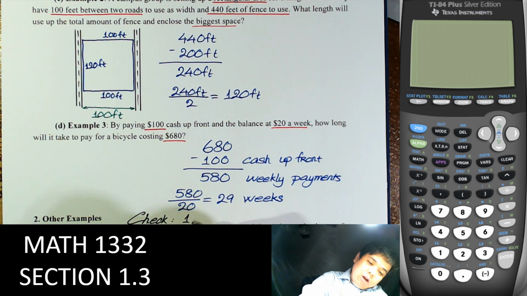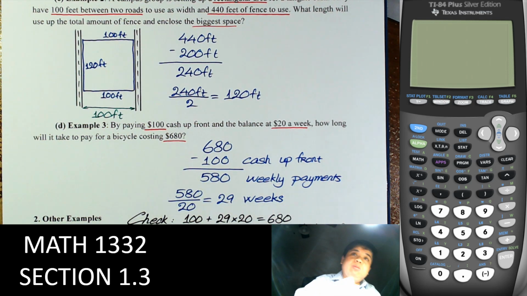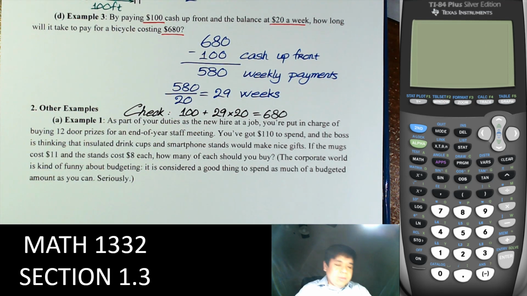We start with 100 and we have 29 weeks, $20 each. And if we check the math, that will be 680. So that checks out.